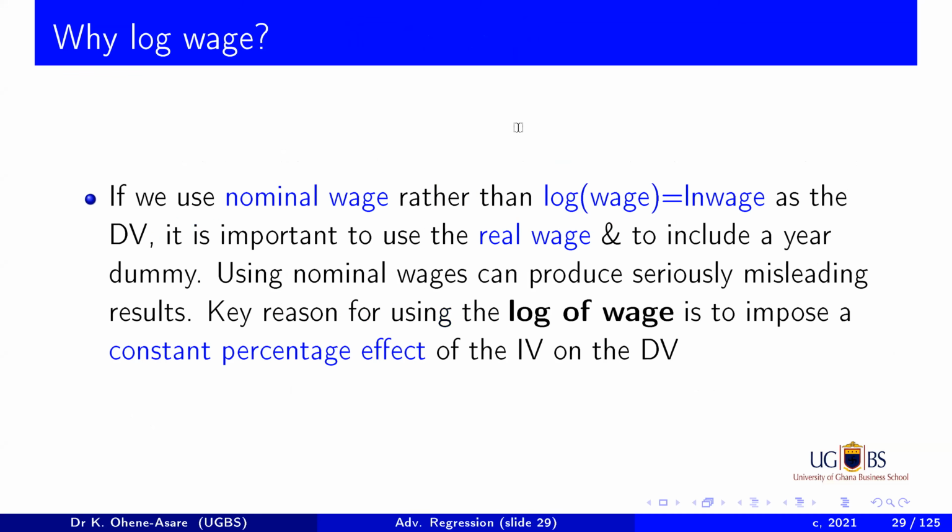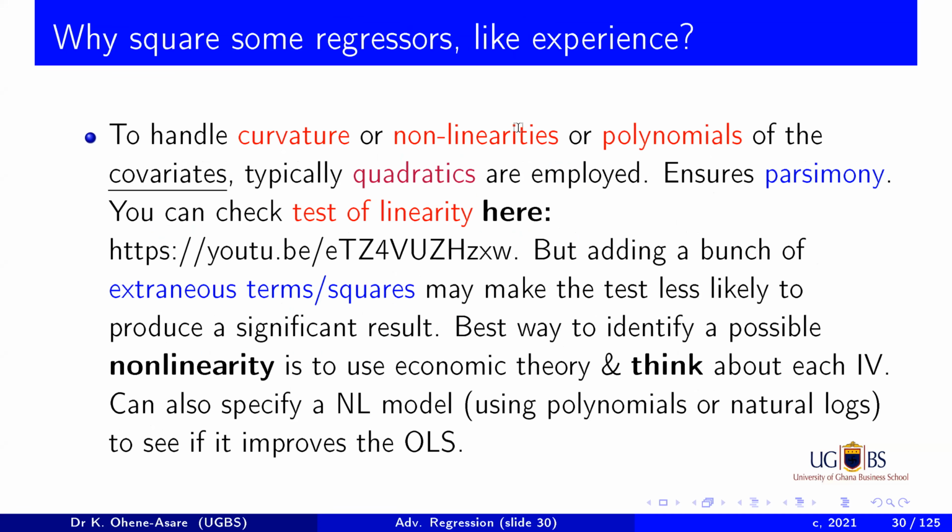Second, learn why some variables are squared. And I have a link here. I want you to go and watch the link. You take the square of a variable. You remember experience was squared. Why do you square experience? Well, there are some variables that rise.